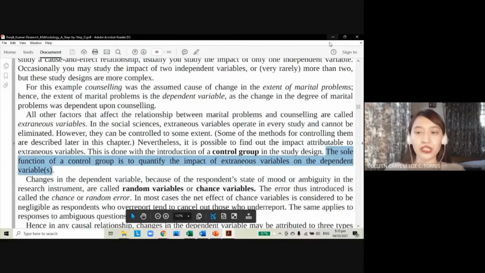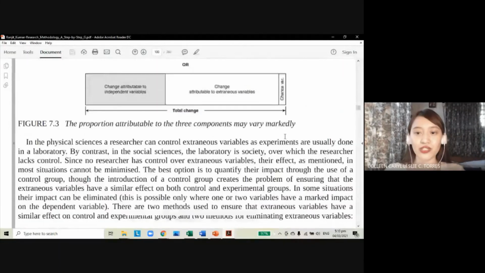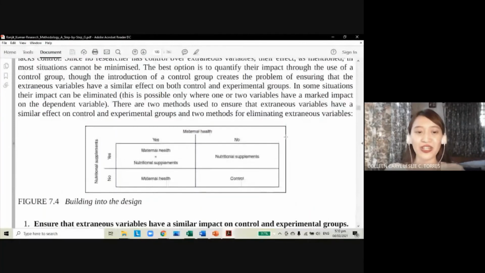Now, supposing, usually, the idea of a control group, and you may already know this, but just if you don't know, we see that a control group is a group that is not given an intervention, basically.